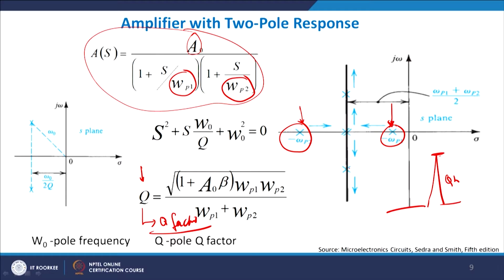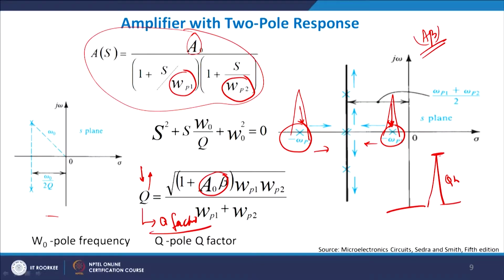Now as you increase the value of a beta, or the gain times loop gain goes on increasing, these 2 poles start to come closer to each other. And how is it possible? This is possible because a naught into beta will go on increasing, and therefore this quantity will go on increasing. As a result, your peaks will be sharp. Corresponding to this you will get one peak here, corresponding to this you will get one peak here, bring them closer and you start getting a single peak of large dimensions within the typical value of sigma, and that is an important issue which people are looking into.